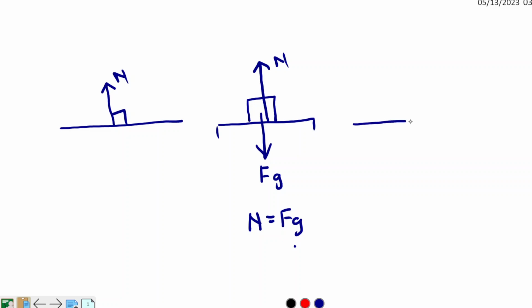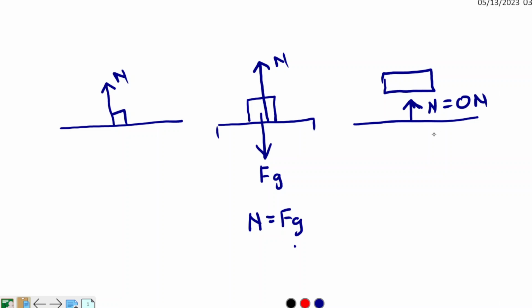Now imagine a situation whereby the block is above the surface. If the block is above the surface, that means the surface is not exerting any force on the block, and then the normal force will be equal to zero.